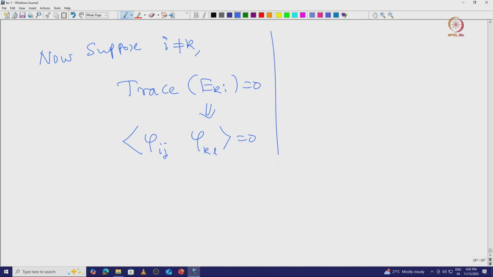So, the only case that remains now is l equal to j and i equal to k.